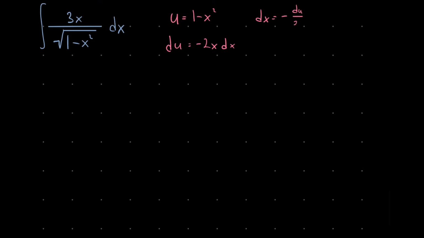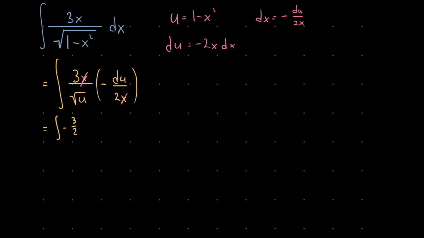If we put this all together and make the substitution, we get the integral of 3x over the square root of u, and dx is equal to minus du over 2x. Now we notice here that the x's will cancel out, leaving us with the integral of negative 3/2 times u to the power of negative 1/2, right?